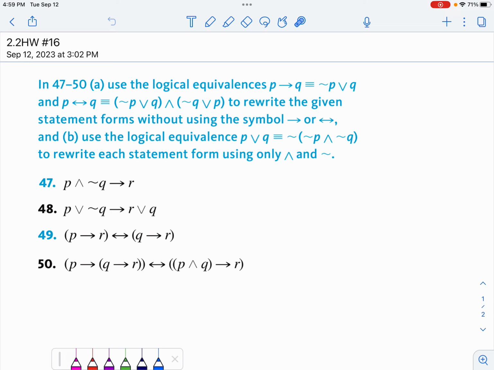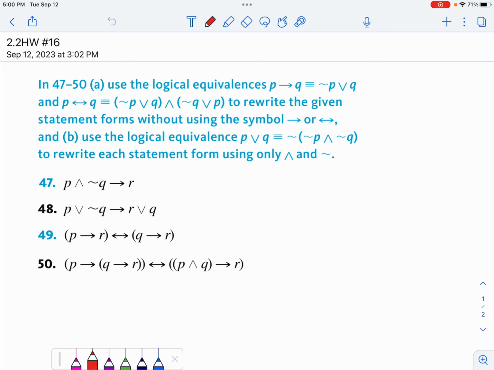In this problem, the requirement is to rewrite this logical statement, the symbolic form, into an equivalent logical expression without the arrow symbol, implies or if and only if symbols. And we also don't want the result to have the or symbol. In other words, we can use only and and not. So let's take a look at how we can do that.